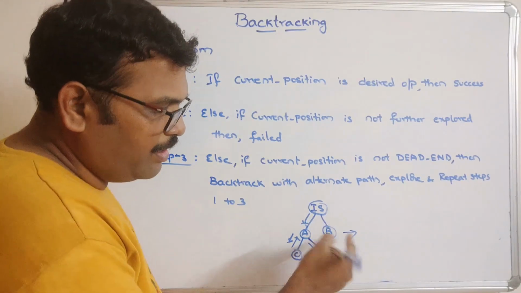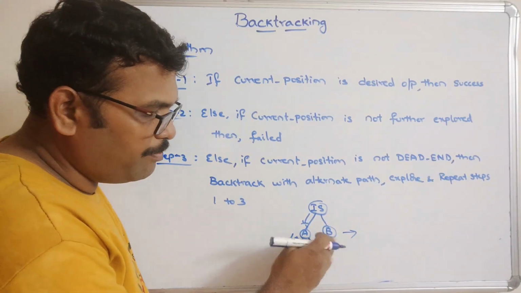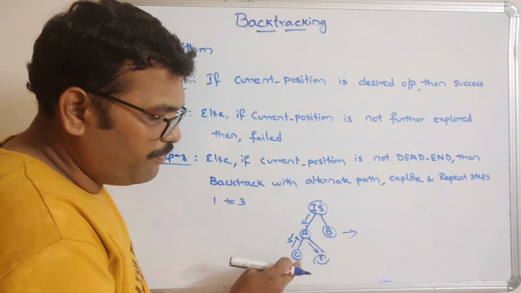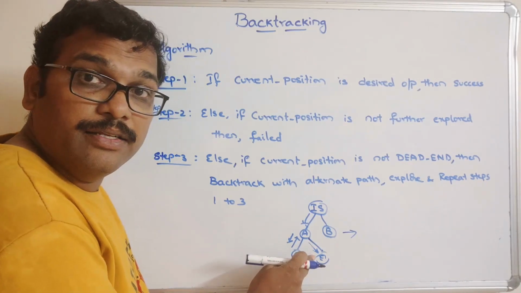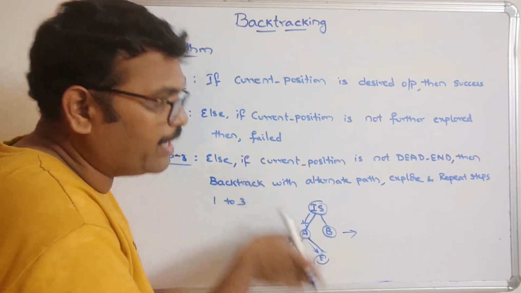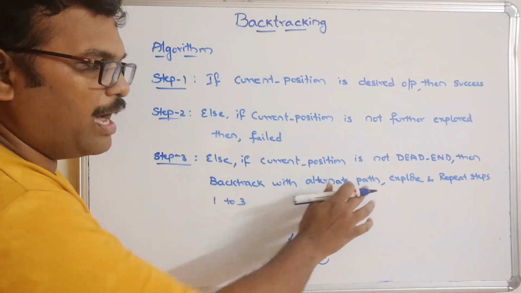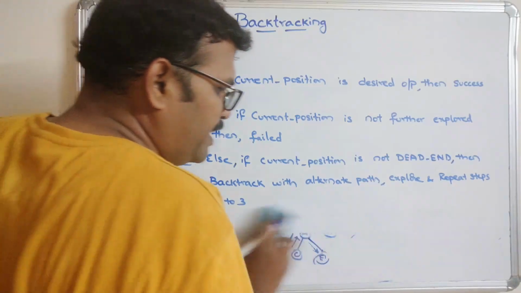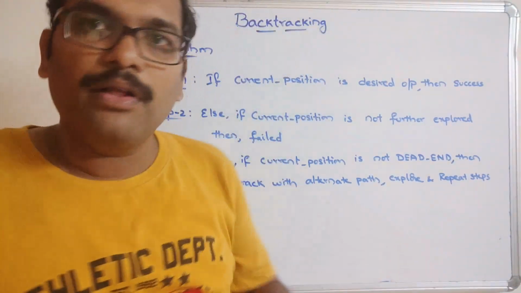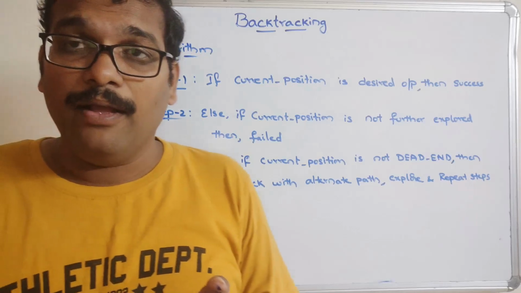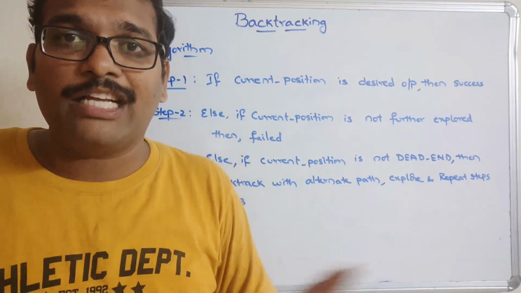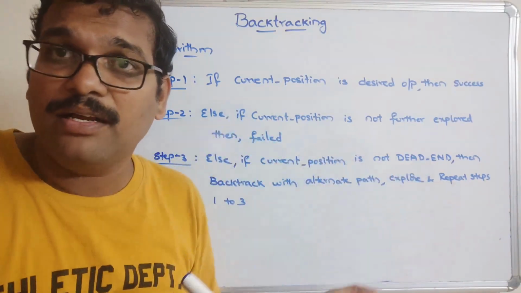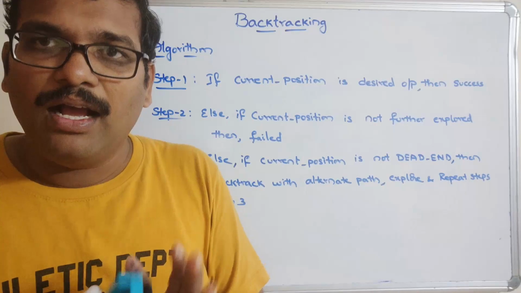And if it is here, then it is a dead end. It is not been explored further, right? But here there is an alternate way. If not C, we can move with the E. So in such cases we need to backtrack and explore with the another alternate path. So this is a simple algorithm. That means if we reach the dead end and there is no further exploration, automatically we can stop. If there is an exploration, we can just backtrack and move with the alternate path.